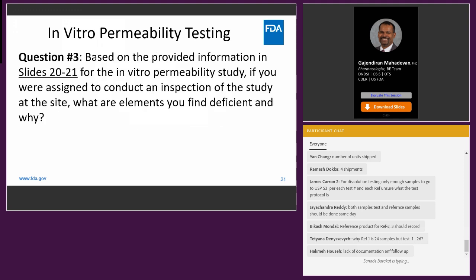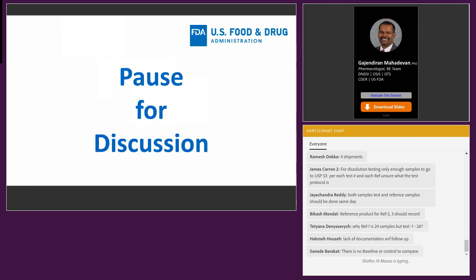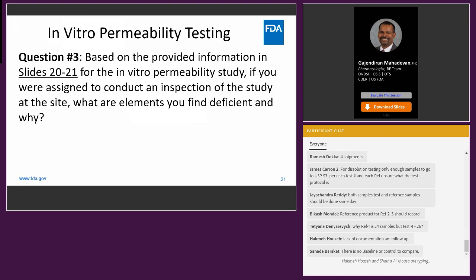Question number 3. Based on the provided information in slides 20 through 21 for the in vitro permeability study, if you were assigned to conduct an inspection of the study at the site, what are the elements you find deficient and why? Thank you, guys. You saw that question, and let's think about the answer for question number 3.